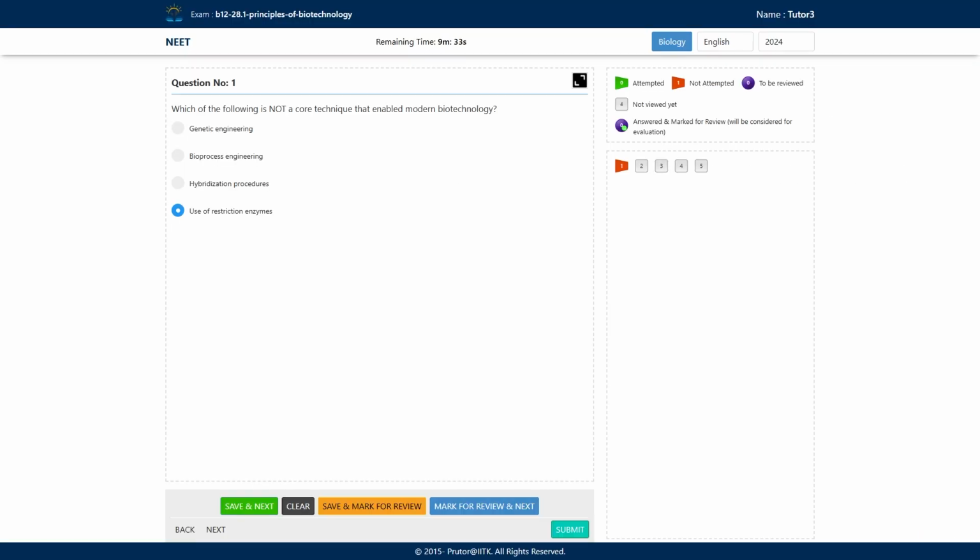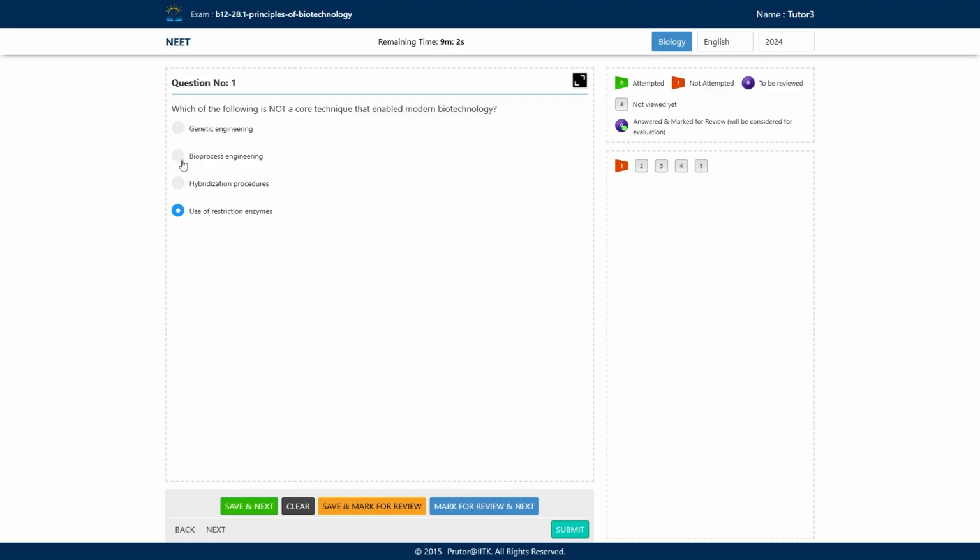So here are some DPP questions that we are going to answer. The first question says, which of the following is not a core technique that enabled modern biotechnology? We have to choose one option that is not responsible for modern biotechnology. The first option says genetic engineering. We know that it is one of the most important aspects.